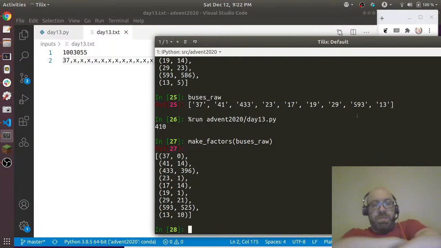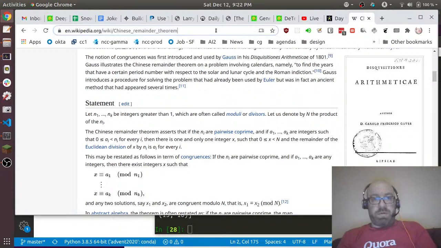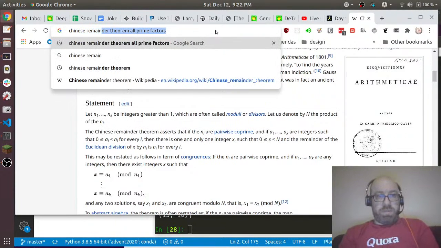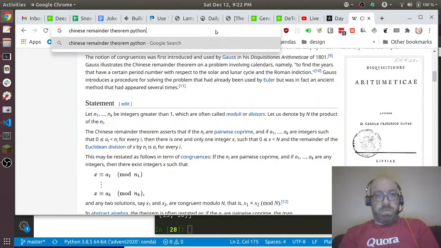Okay, so I need the smallest number that mod 37 is 0, mod 41 is 14, mod 433 is 396, and so on. So going back to the Chinese remainder theorem, Python, how about that?